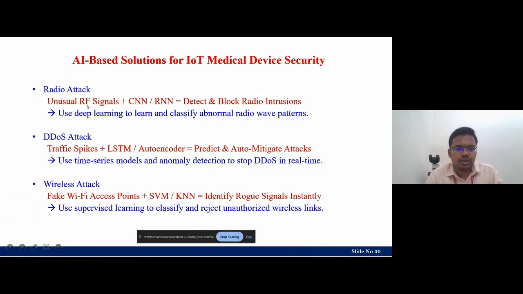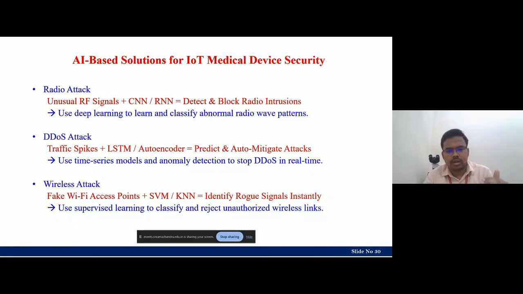So if any unusual RF signal happens in that particular device, you can use deep learning to learn that particular type of RF signal and classify the abnormal radio wave patterns with the help of CNN and RNN. You can detect and block the radio intrusion. This is a kind of mitigation strategy: by understanding the radio signal, you can include CNN or RNN and detect and block the radio intrusion.